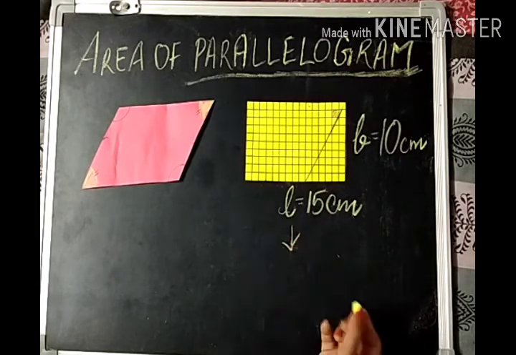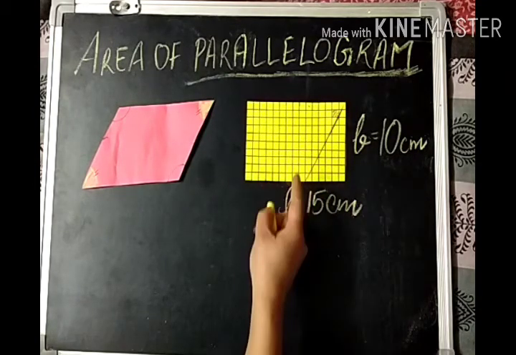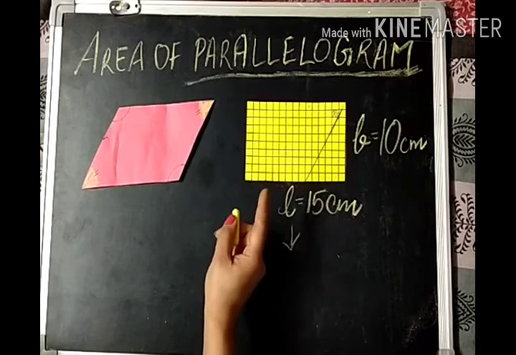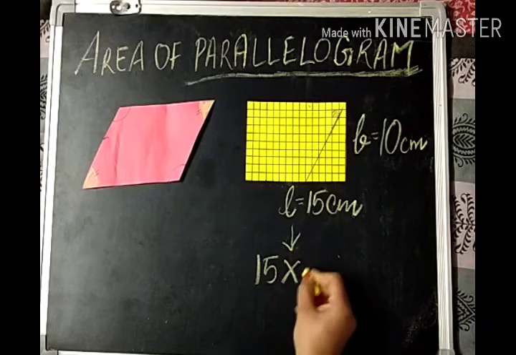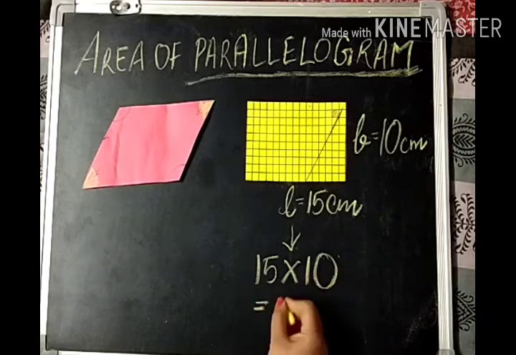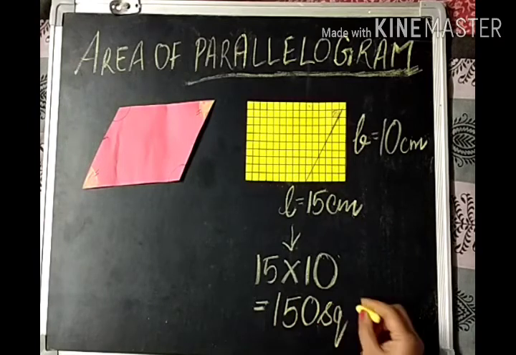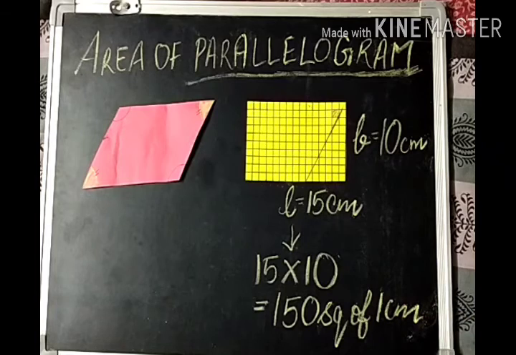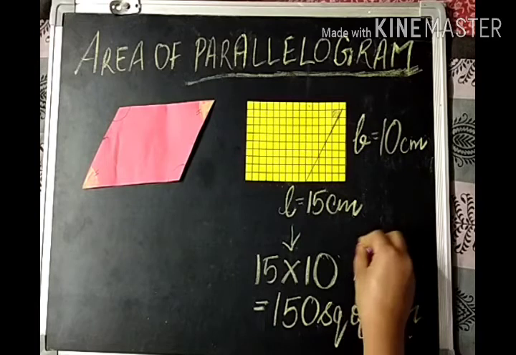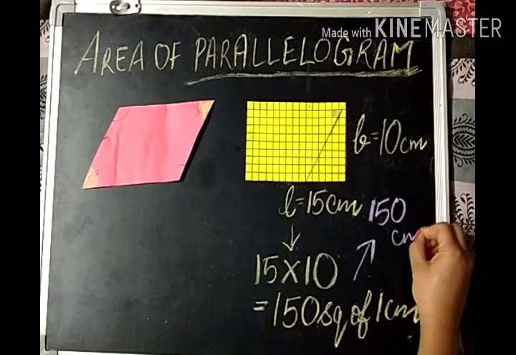So the area of this rectangle, if we count the number of 1 centimeter squares inside this figure, will be 15 times 10, that is 150 squares of 1 centimeter each. Or we can write this as 150 centimeter square.